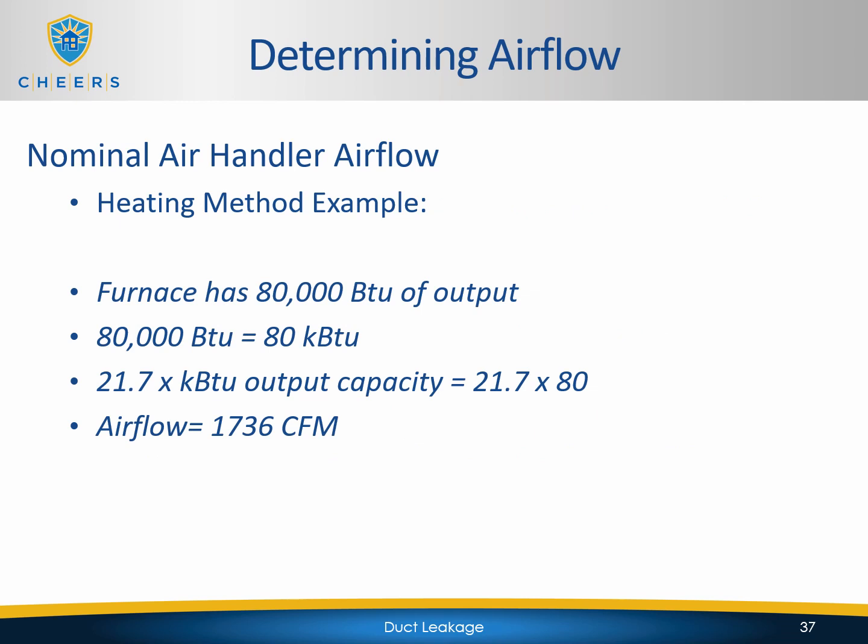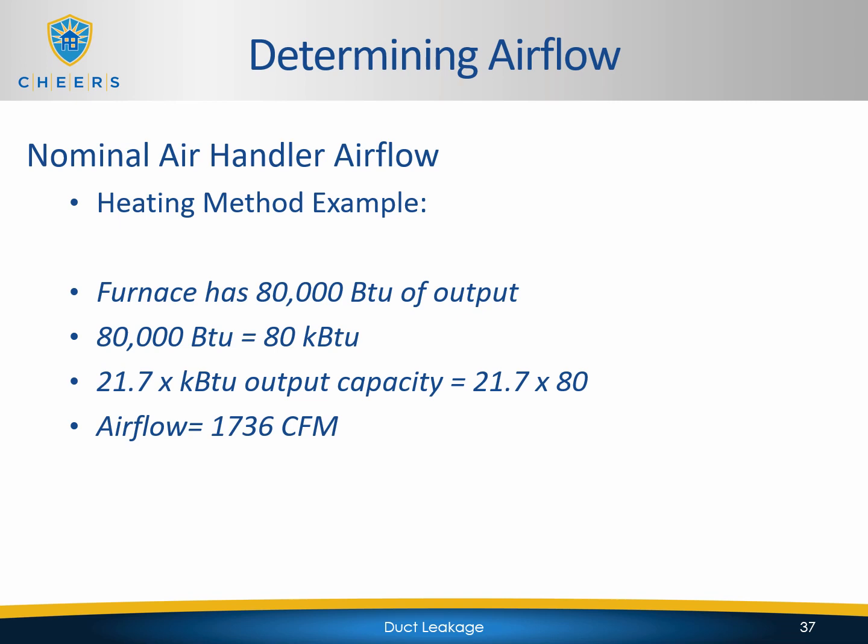So here's an example for the heating method. The furnace has 80,000 BTUs of output. So the kBTUs for 80,000 would be just 80. 80,000 BTUs equals 80 kBTUs. The formula is 21.7 times the kBTU of output capacity, so that's 21.7 times 80. The nominal airflow for that particular unit is 1736 CFM.